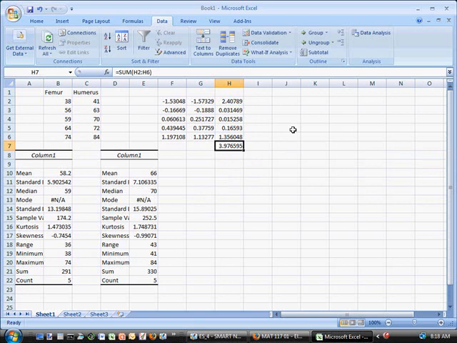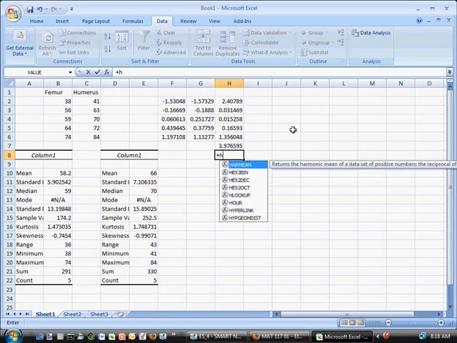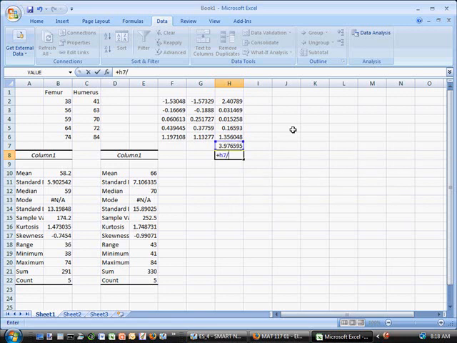Divide by n minus 1. So I'm going to take this last cell, which was H7. And we're going to divide by, how many did I have? 5? Okay, so there's the correlation.